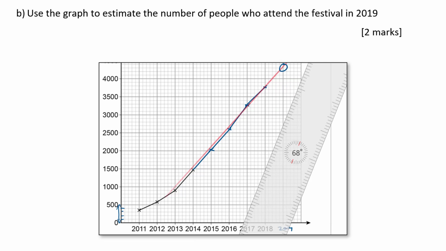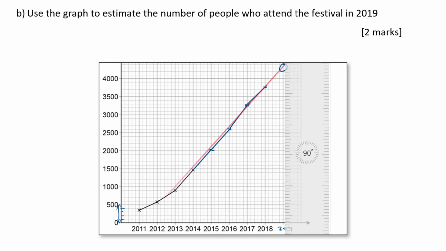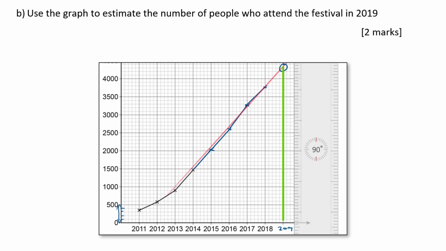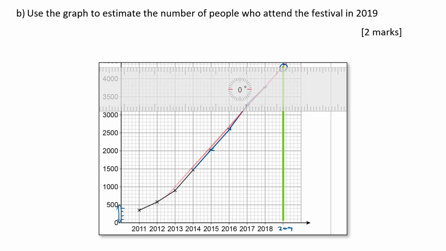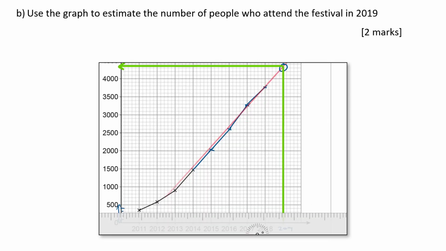Okay, why don't we read up and read across, show our method. Okay, so on my scale, I'm reading that as between 4,300 and 4,400.